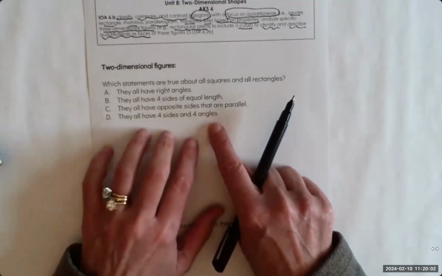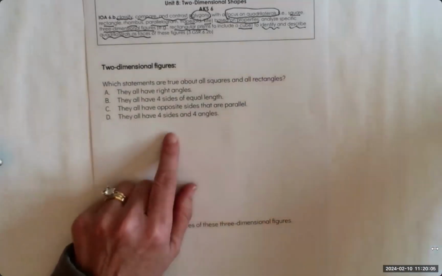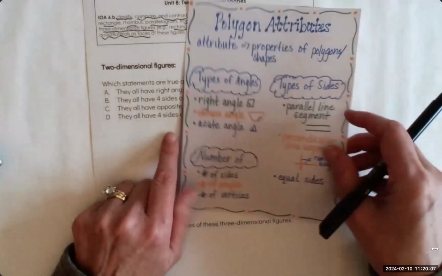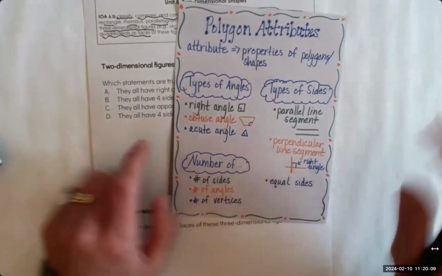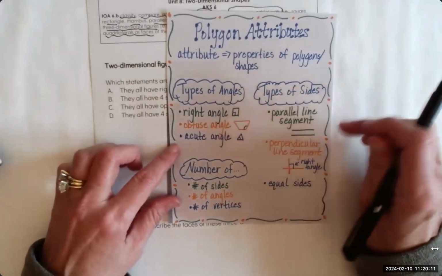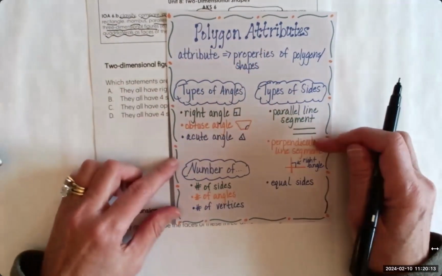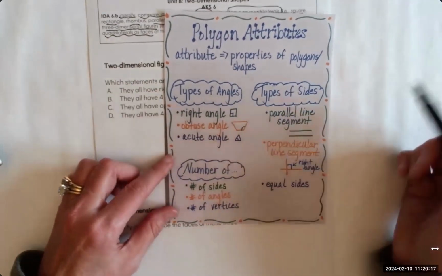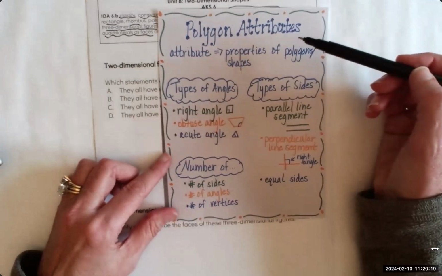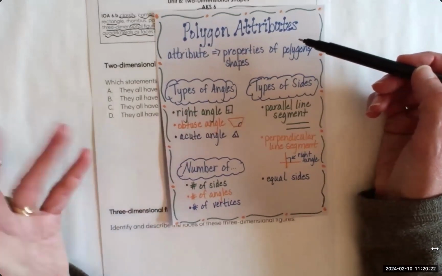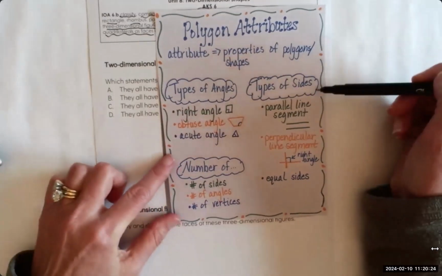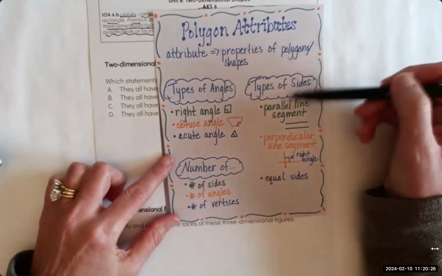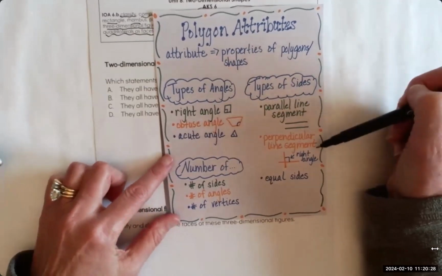So they're going to have to continue to have experiences in working with polygons, specifically quadrilaterals, and identifying the attributes of these polygons. Remember back in IOA 6A, we identified the attributes for polygons students would be responsible for, specifically the types of sides, parallel line segments, perpendicular line segments.